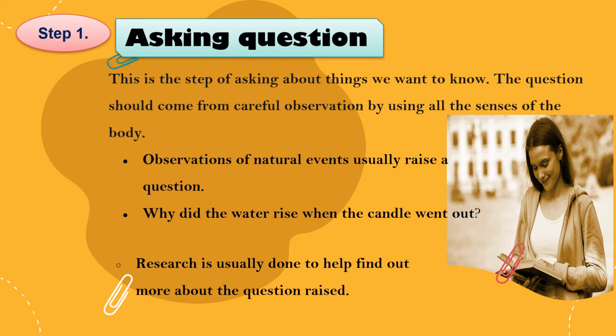Observations of natural events usually raise a question. Why did the water rise when the candle went out? Research is usually done to help find out more about the questions raised.